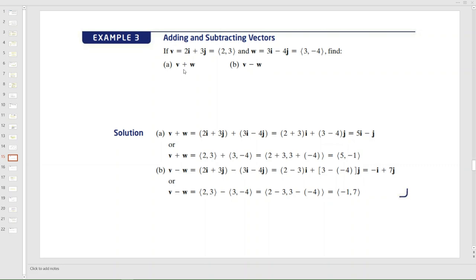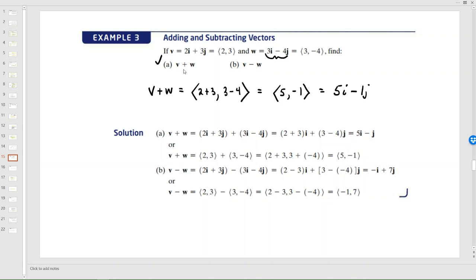So if I want to take v and add w, I just have to add their component parts. So that's going to be 2 plus 3, and then 3 plus negative 4, or 3 minus 4. Okay, so we're going to get ⟨5, -1⟩. And let's say we wanted to write that in this format, then that would just be equal to 5i minus 1j.